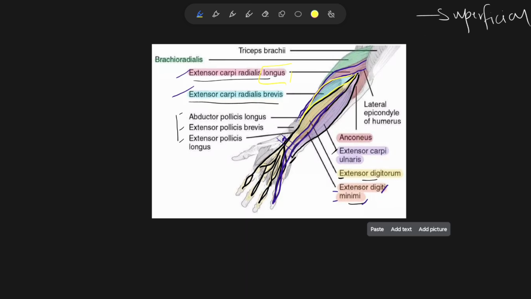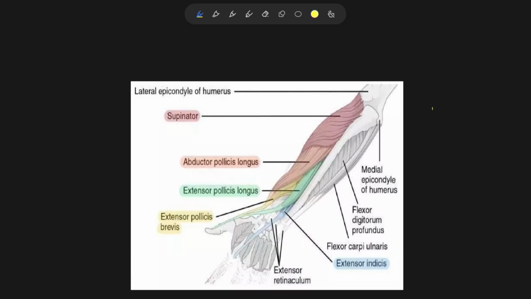Let's go for the deep muscles. The deep muscles are, see, extensor indicis, where indicis means the first finger. So it will help in extension of the first finger.